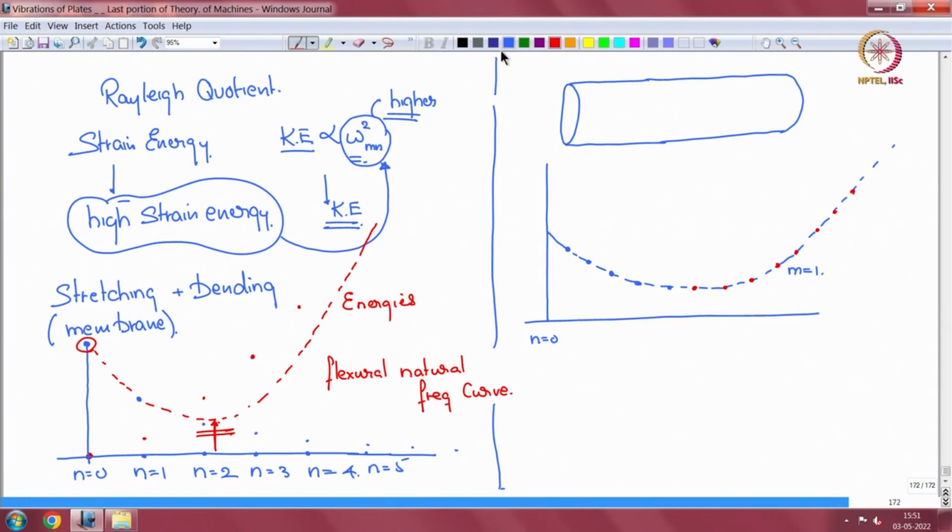Then for m equal to 2, these are the n points. It is going to be very close because of the aspect ratio. The m equal to 2 natural frequencies are very close, they will be higher but close.